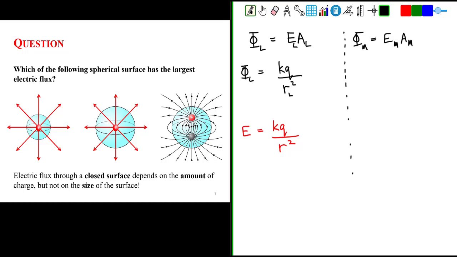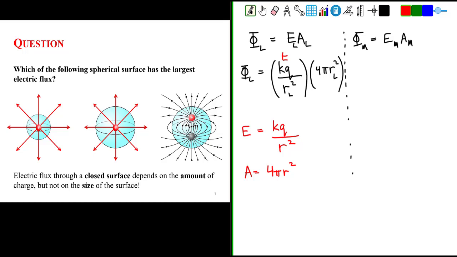And now we need an expression for the area. Now remember, the area of a sphere is given by 4 pi r squared. So the area then is 4 pi r_L, the radius of the left sphere, squared.